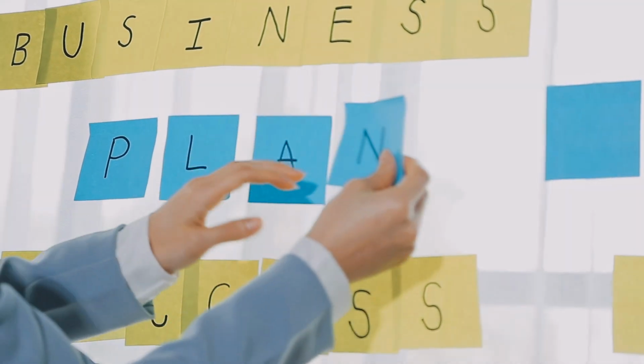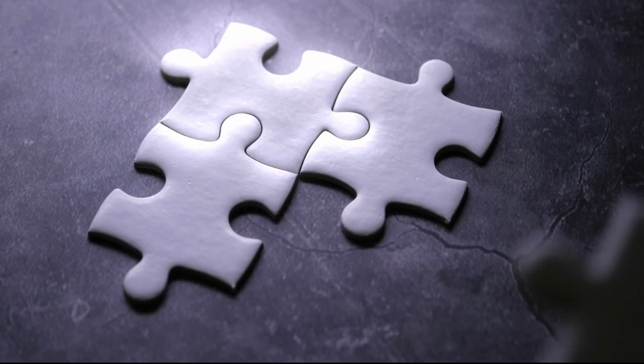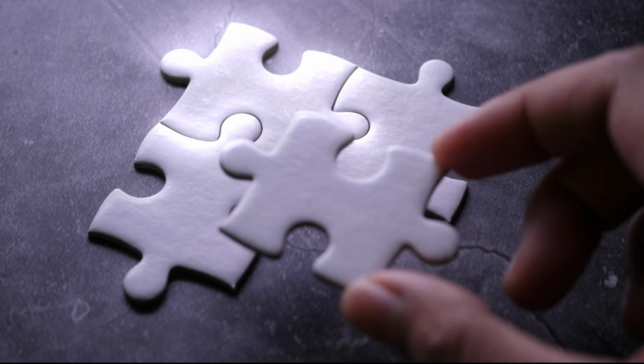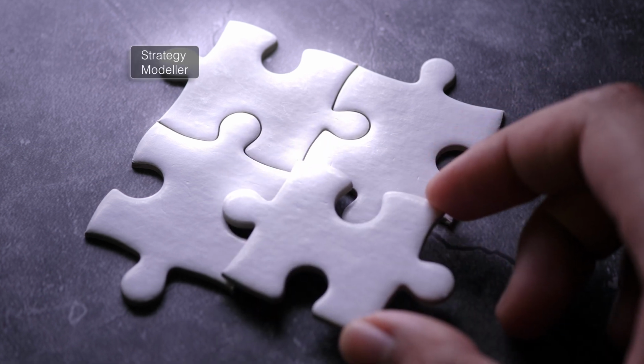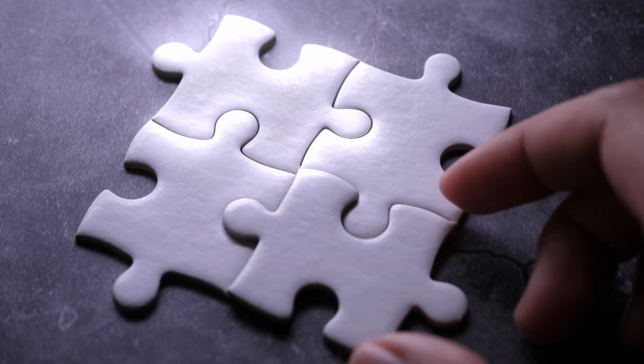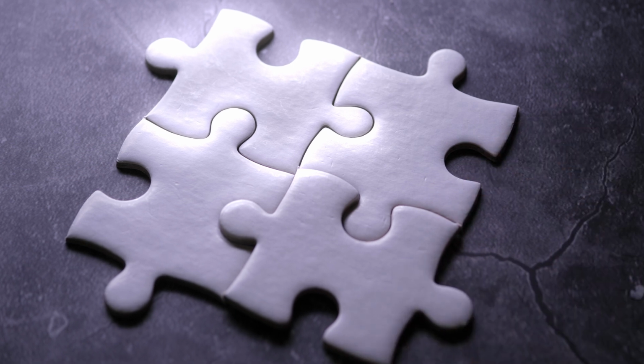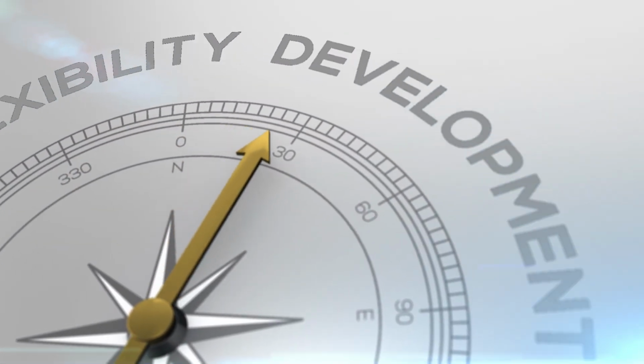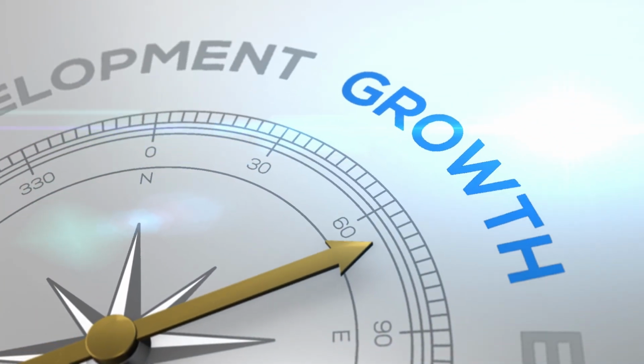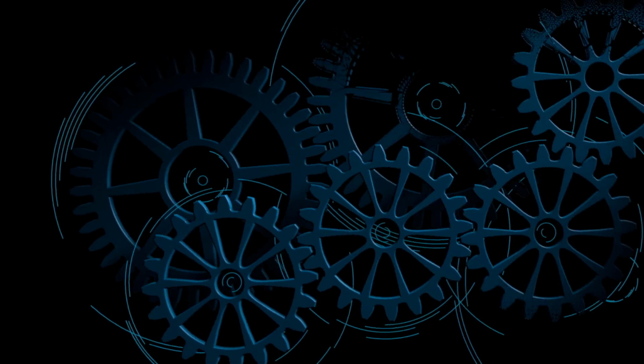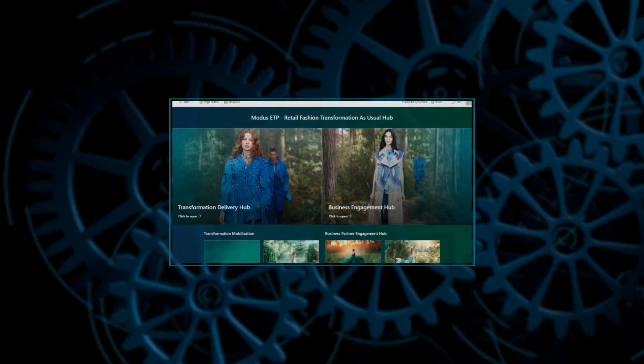So if you look at it as a whole, you see all of these four quadrants coming together, which are your strategy modeler, your operating model, your change, managing your skills and capability, and then your inner human development. So when you have all of those four things together, interconnected, then you have the game of transformation as usual.